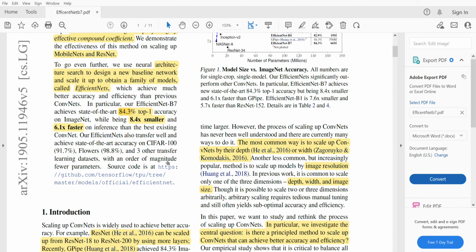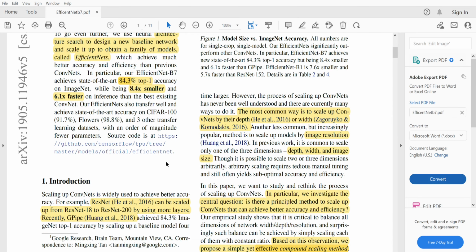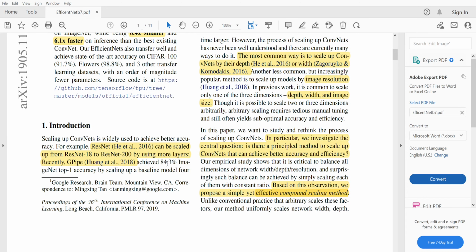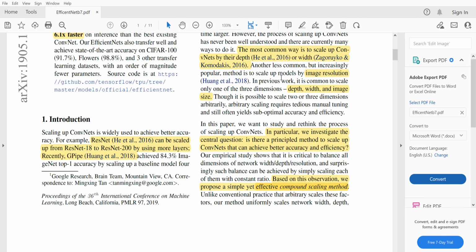That's the most common way of scaling, by depth. Another less common but increasingly popular way is image resolution. Well, we are back in 2019. Until then, the famous technique was to make the network deeper, and the second, less common technique that the big groups were working on was image resolution.